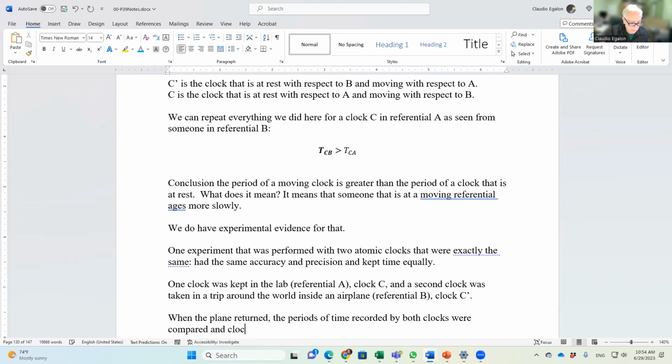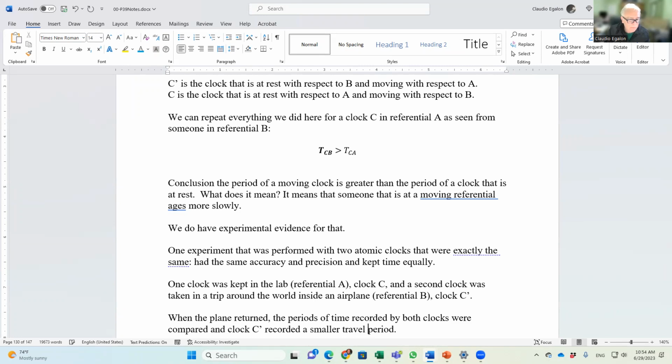and clock C prime recorded a smaller travel time.